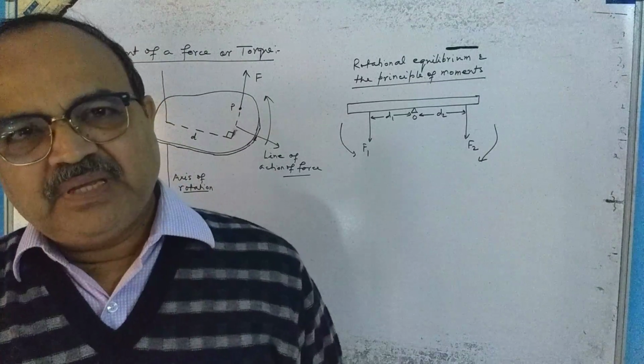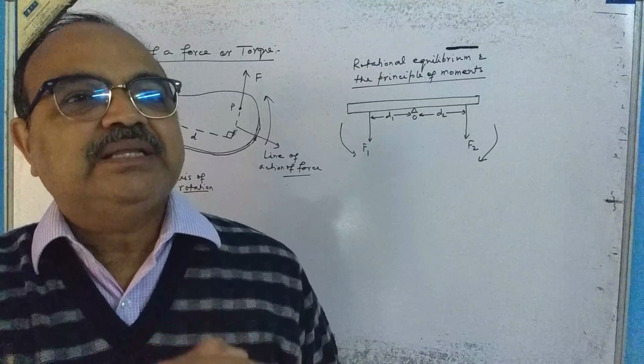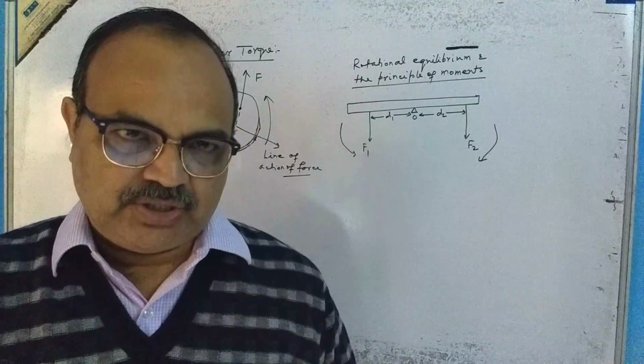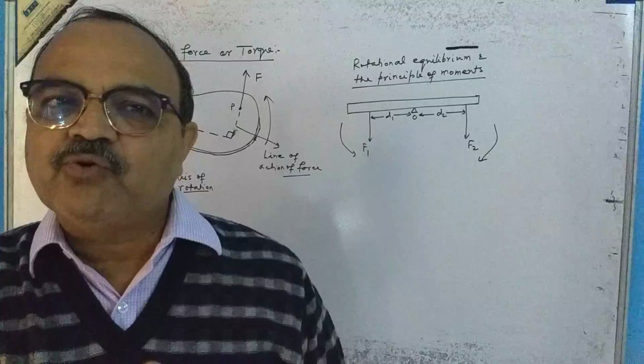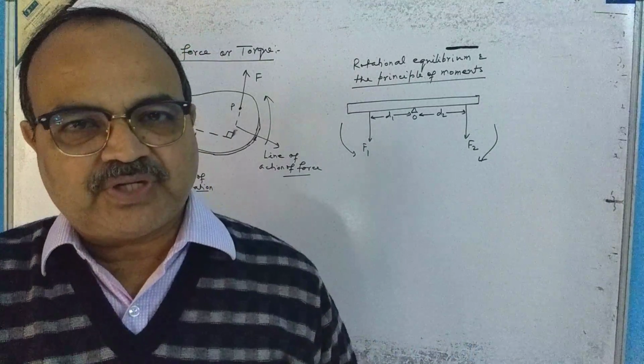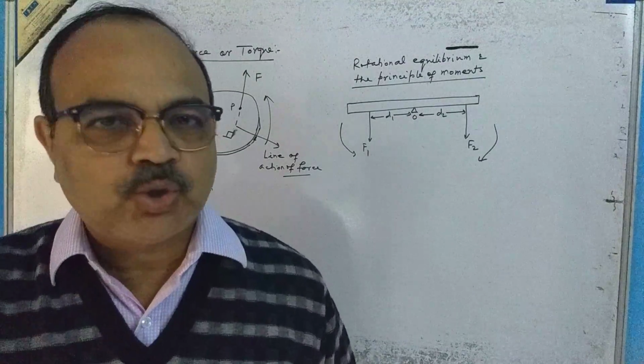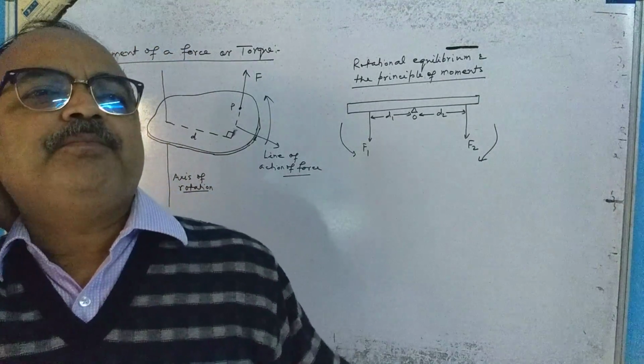The hinge point is acting as the axis of rotation. If we apply the force farther from the hinge point, or the axis of rotation, it will be more effective to open or close the door. It is a simple practical example.